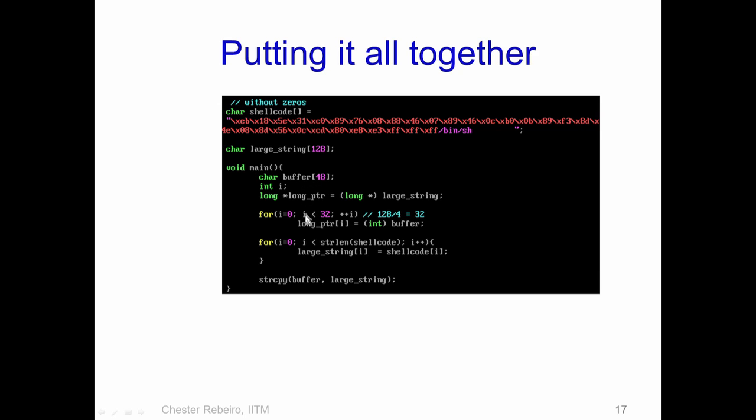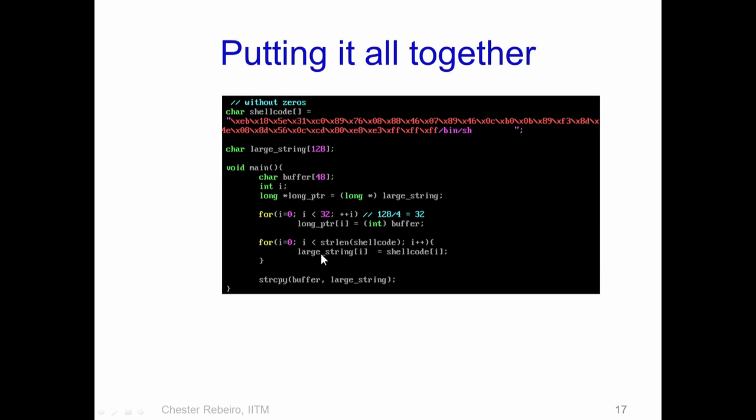So, what we first do is somehow manage to fill the long string or the large string with the address of buffer. Okay. So, if you recollect, these are the buffer address bytes which are present. Then we will copy the shell code onto the large string. So, we have created this large string in the format that we require.